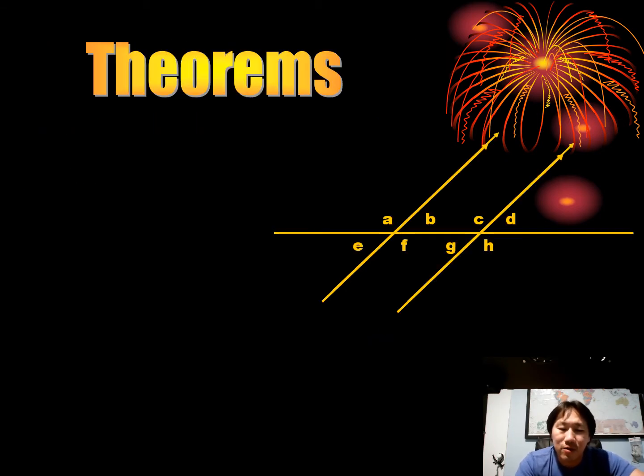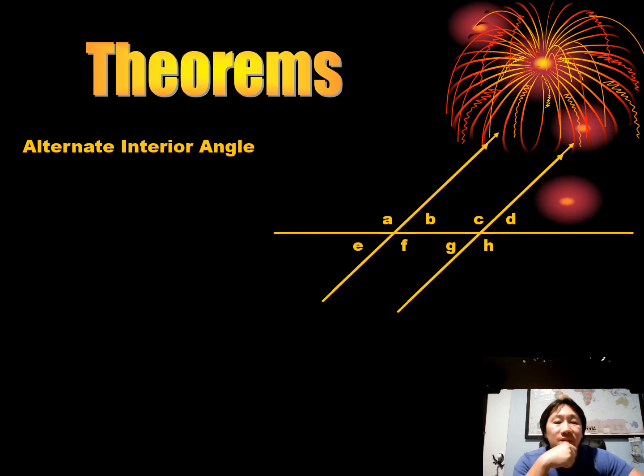Let's look at some of those rules, or theorems. Theorems are mathematical rules that do need to be proven, and we will spend this chapter proving these things. There is a theorem for alternate interior angles. Let's try to remember what alternate interior angles are. Here's an example: angle B and angle G are alternate interior angles.